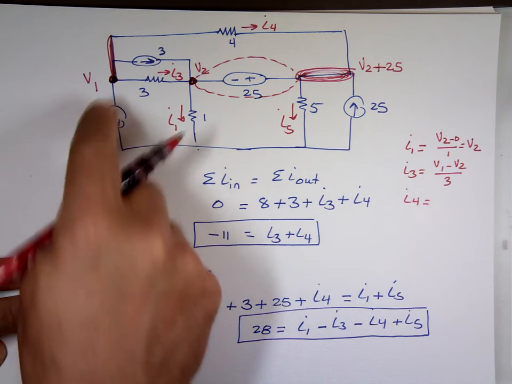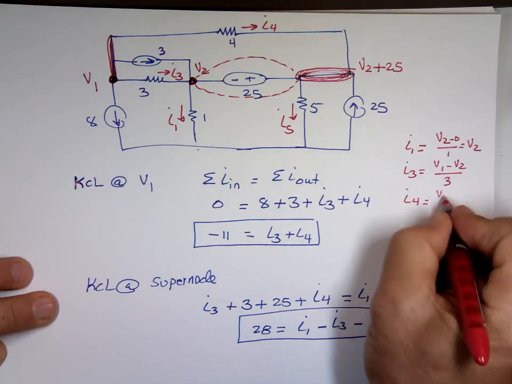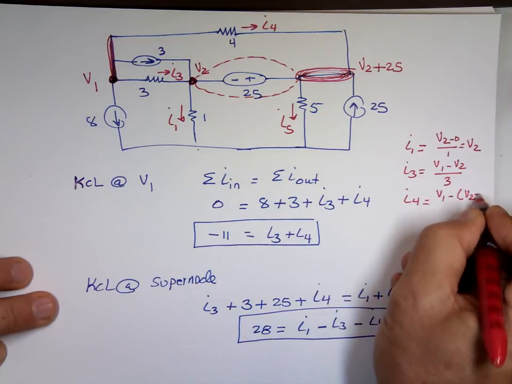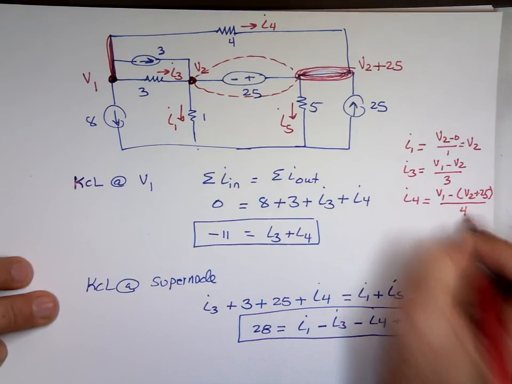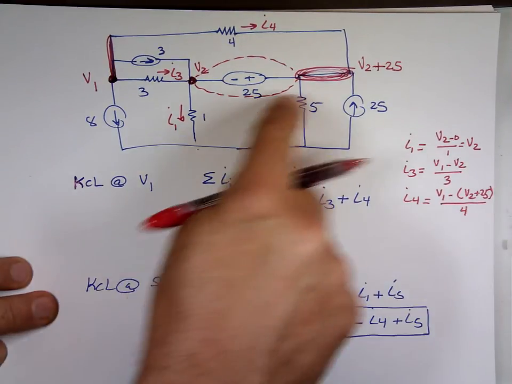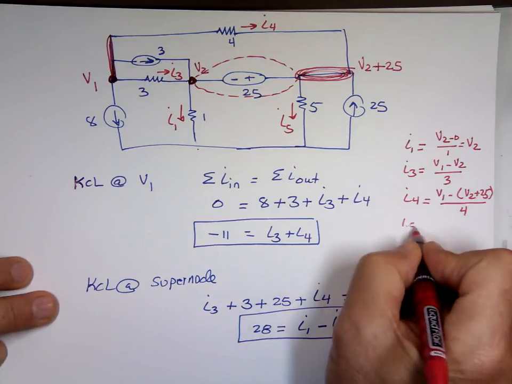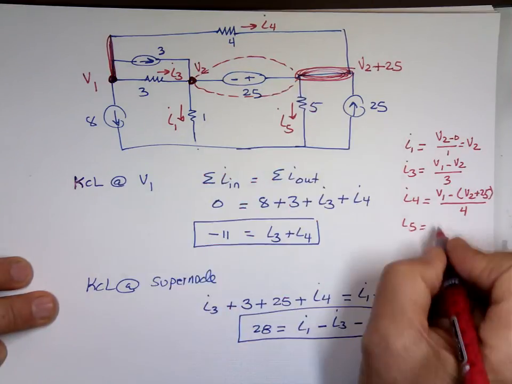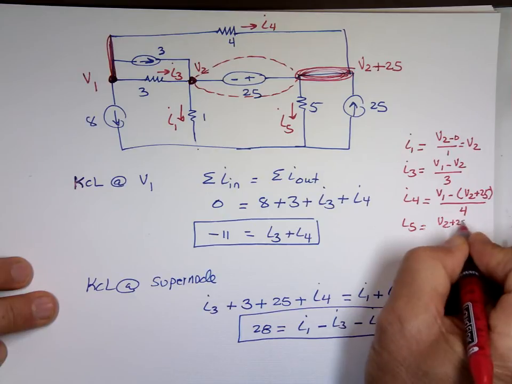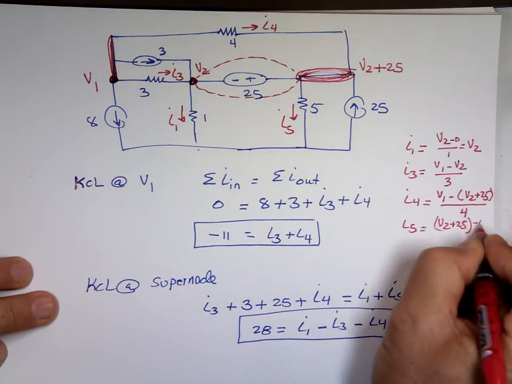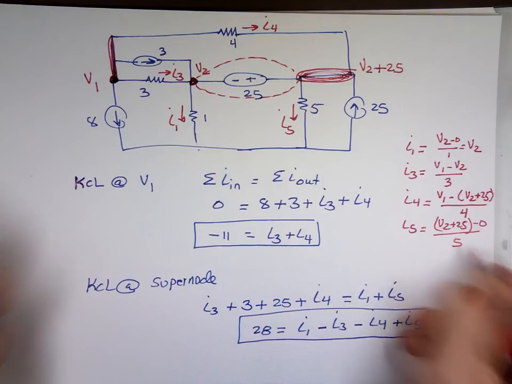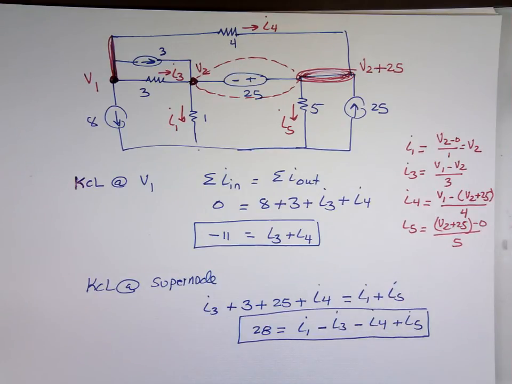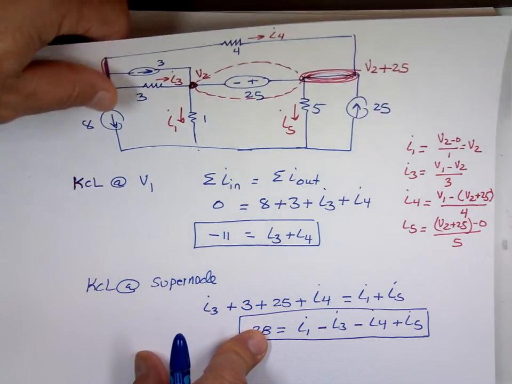V1 minus all of that, which is V2 plus 25 over 4. And what's I sub 5? It's this voltage, which is V2 plus 25 minus 0 over 5. If I do all these substitutions right here, I'm going to have 2 equations by 2 unknowns, and I'm done with the problem. All much, much easier.